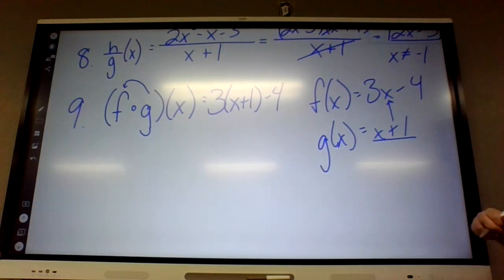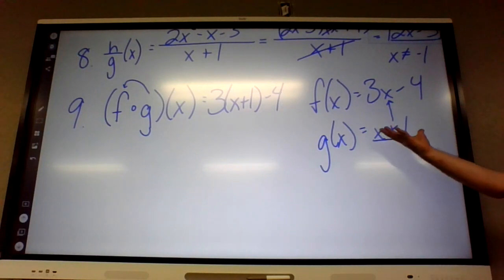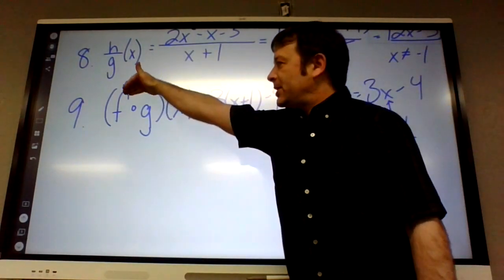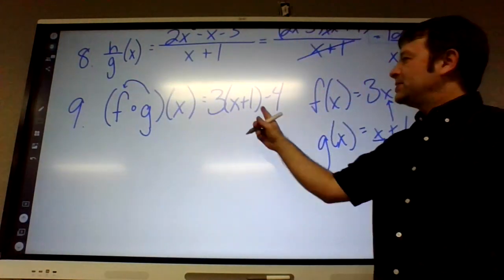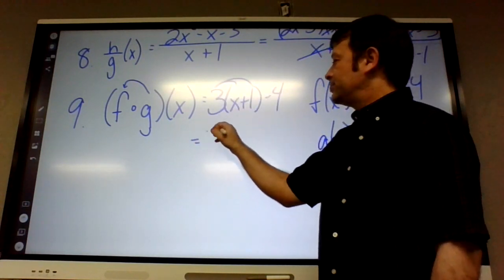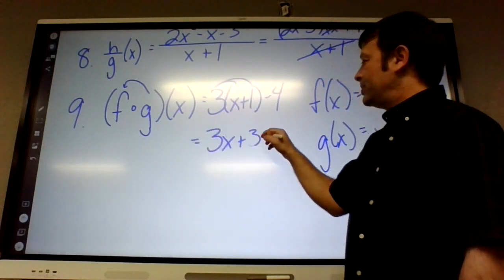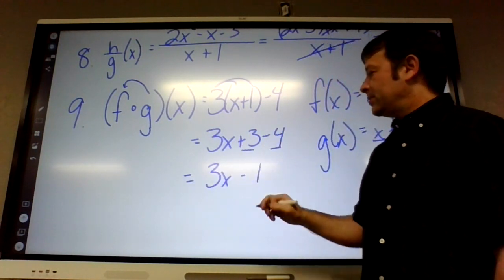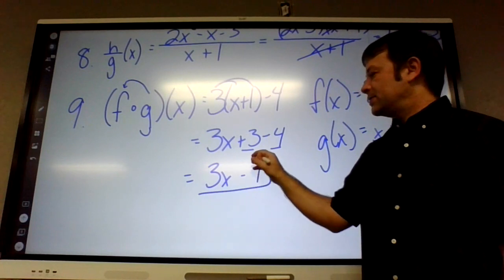Easy peasy, right? You guys see what happened? The g function, we picked everything that g was and put it in for x into the other function. G into the f function. Does this simplify though? Of course it does. We can do the distributive property and put those two together. So that is the final.